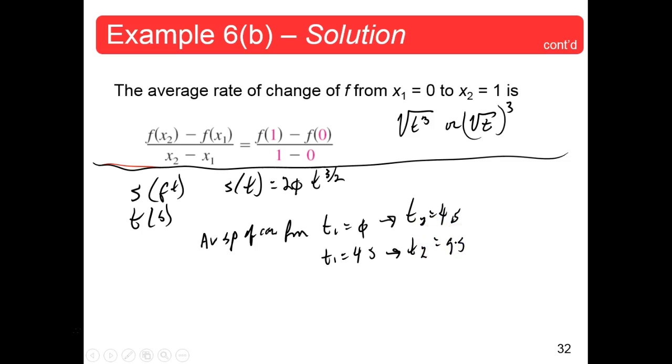Now, how do we do average rate of change? That's what this is. Average speed of the car, average rate of change.